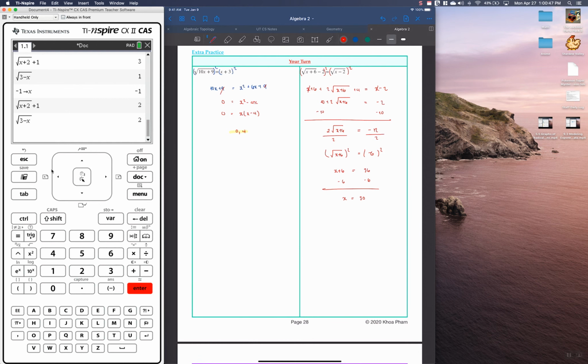The only issue being that when you plug it in, you're not going to get the same two numbers. See? One is 5 point something something, one is 4. And so here x equals 30 is extraneous. And if your only algebraic solution is extraneous, your overall problem has no solutions.